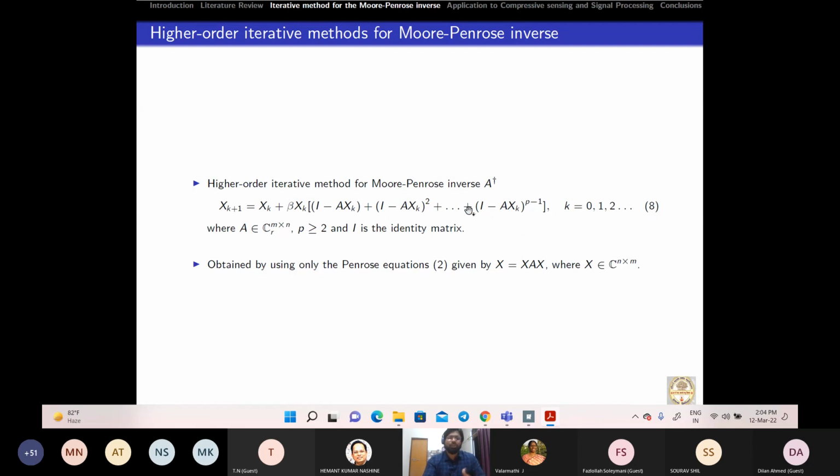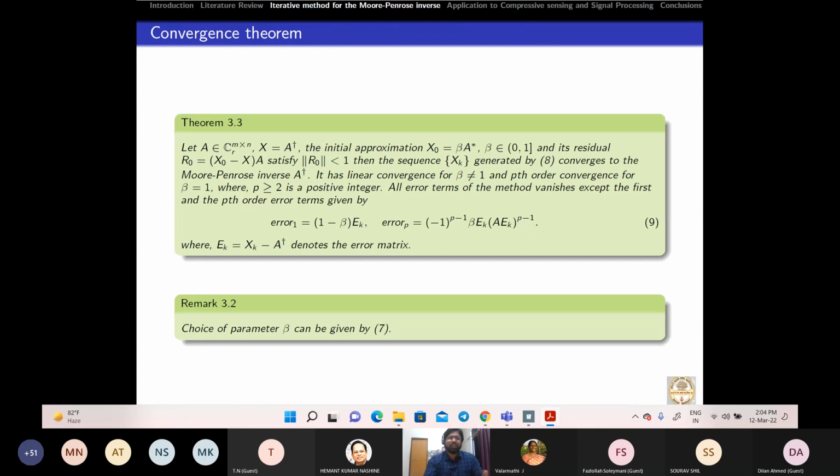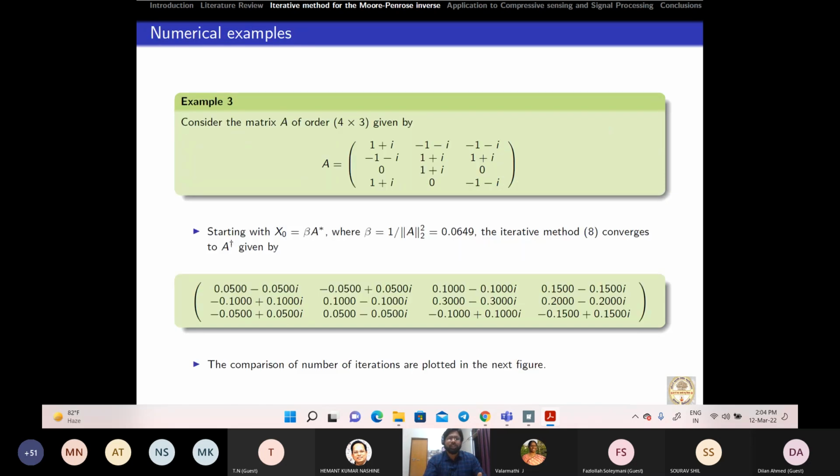For different values of p, you will get the same method with different order of convergence. Understand? The convergence criteria are the same. The error terms will be different, but the choice of how to choose the parameters alpha and beta and all those things are the same.